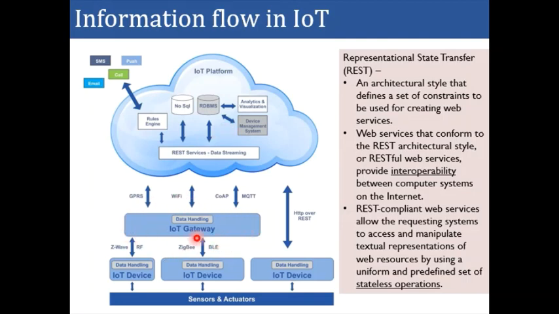So if there is an IoT gateway, the role of the IoT gateway is to consolidate the data coming from various IoT devices and then share data with the end applications.